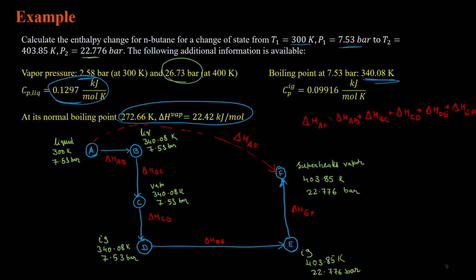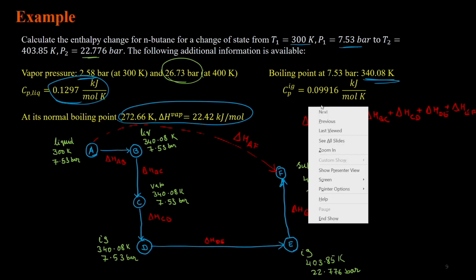Then the third one, going from vapor at 340.08 Kelvin, right, and 7.53 bar to an ideal gas state at the same condition. What would that difference be? Delta HCD.